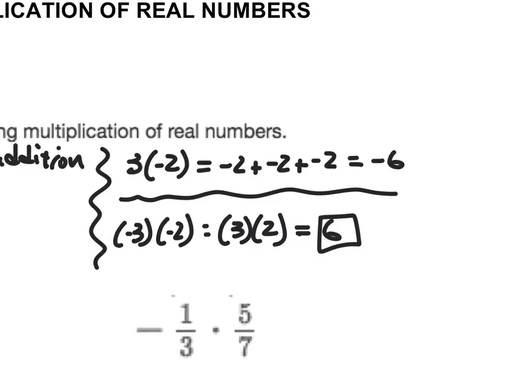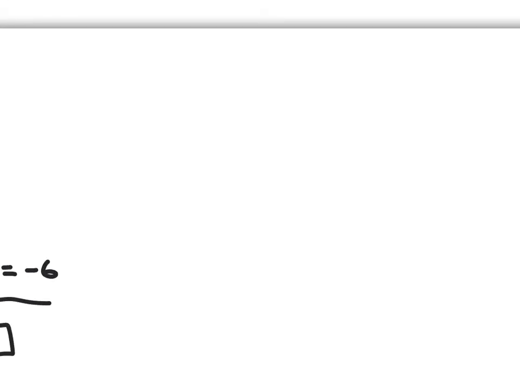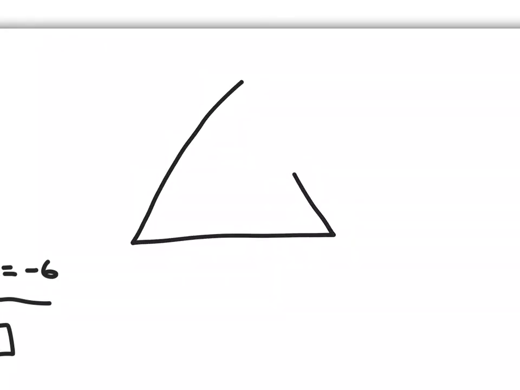But there is a bit of a trick here, and usually what I do to teach this is I draw a triangle, and I put 2 negatives in the corners and a positive up here. If you take a negative number times a positive number, you get a negative number.